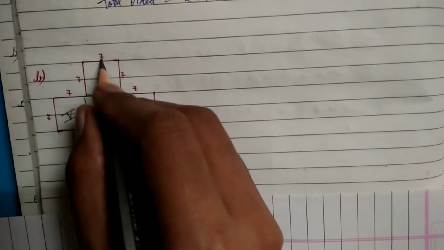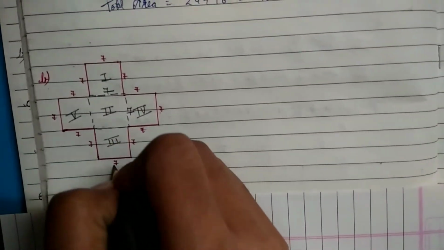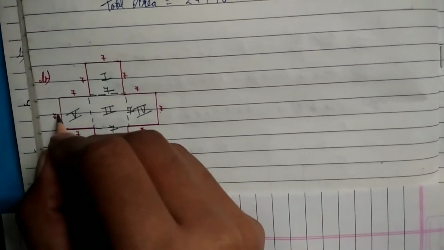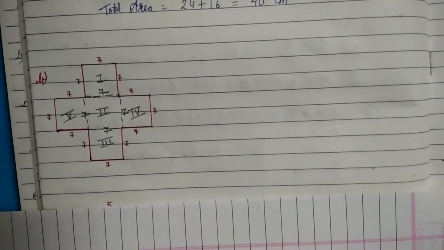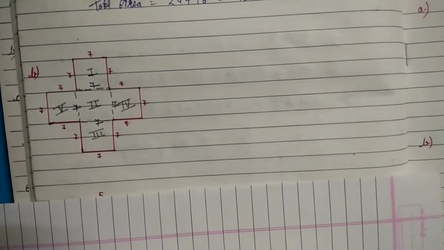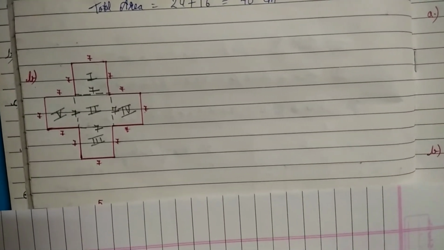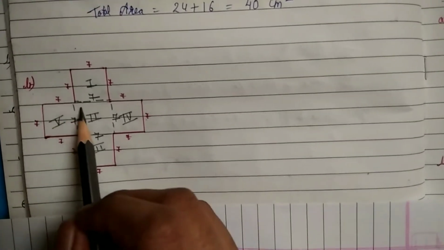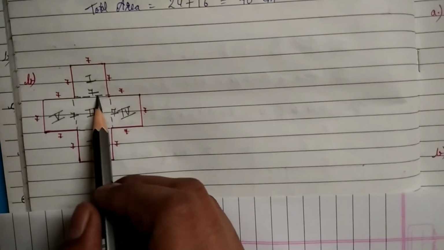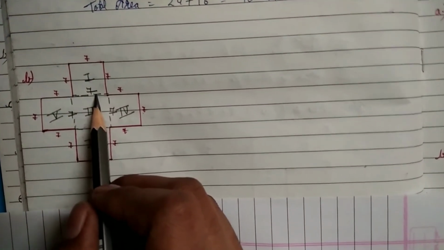Its opposite side is 7, its opposite side is 7, its opposite side is 7. You can see all the sides of the figure are 7 centimeter each. All the squares have 7 centimeter on each side.